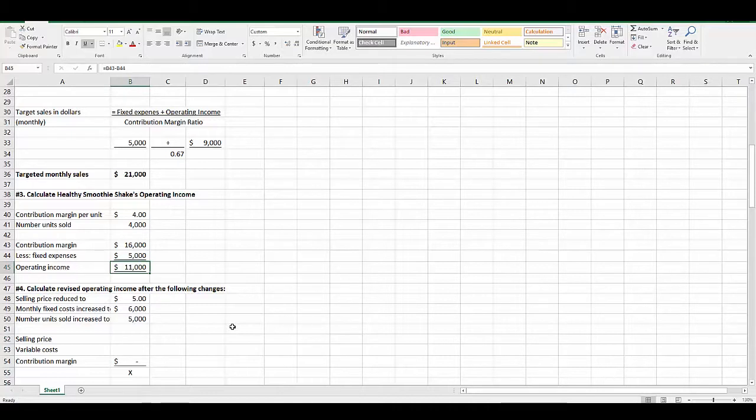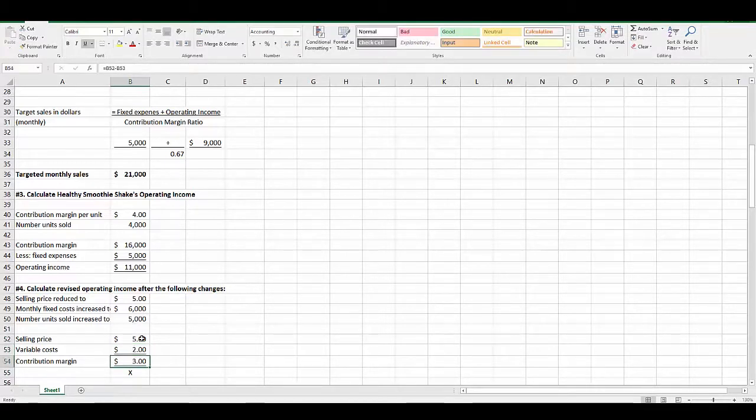If you want to address the competition, you're wondering, what if I decrease my price from $6 down to $5? So that's what we're going to do here. Now your new selling price will be $5. And your variable cost, we're not told that there's any change, so the variable costs are still $2. So we'll enter in our $2 here.